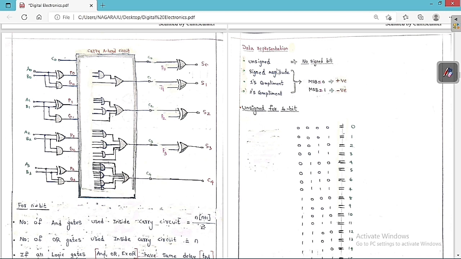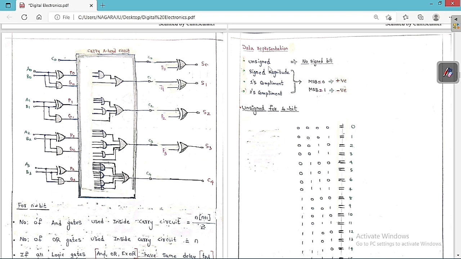Unsigned representation will never have a sign bit, so no sign bit is present, and the remaining three will have sign bits. If the MSB is 0 it is a positive number, and if the MSB is 1 it is a negative number. Now we are going to learn about the unsigned representation for 4-bit.